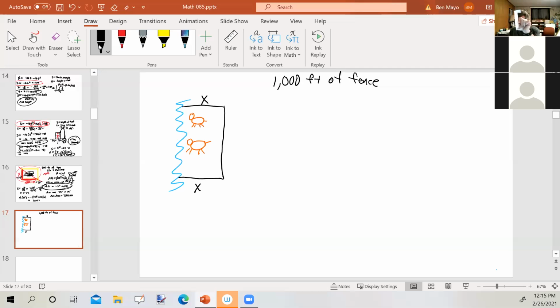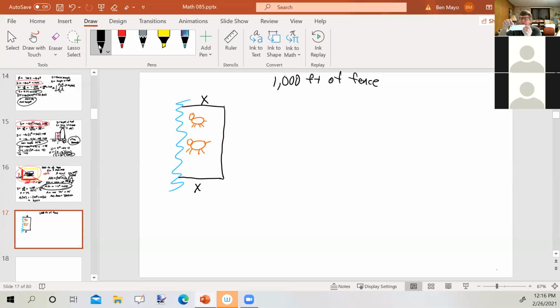Now, the total length of those three sides is 1,000 feet. We've established that the two pieces that are the same are both X.